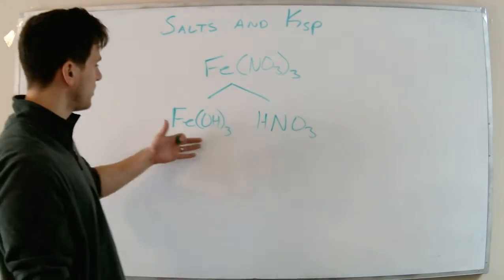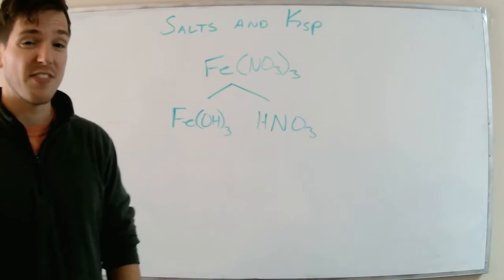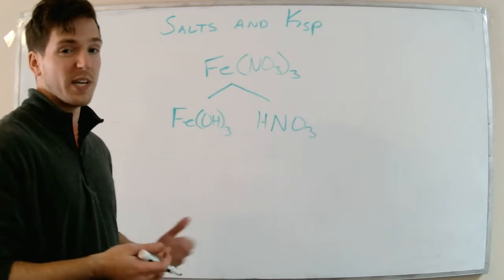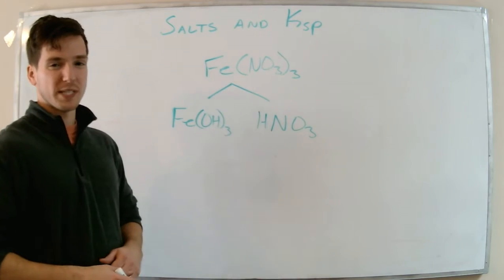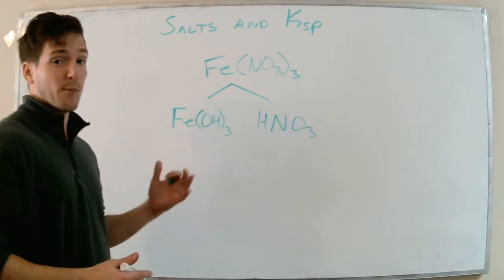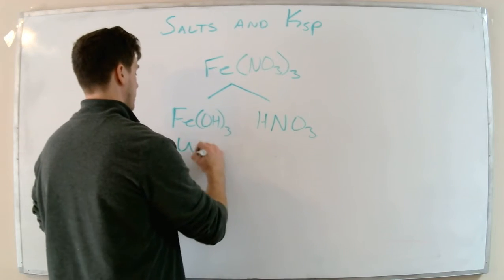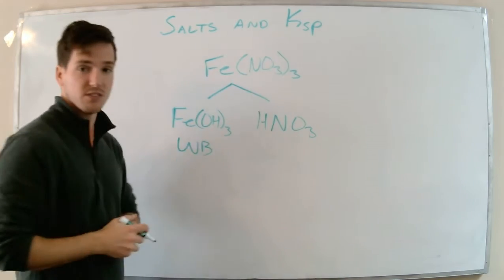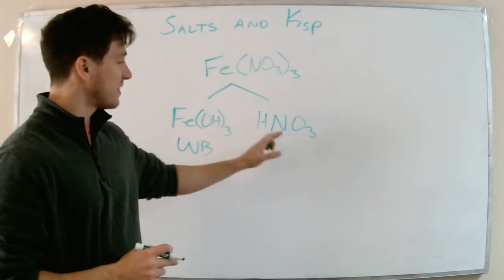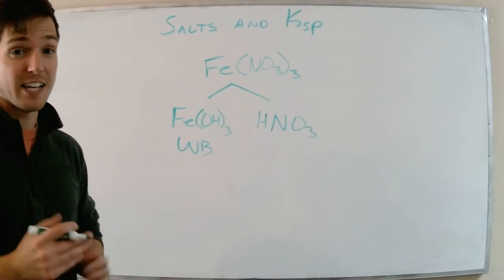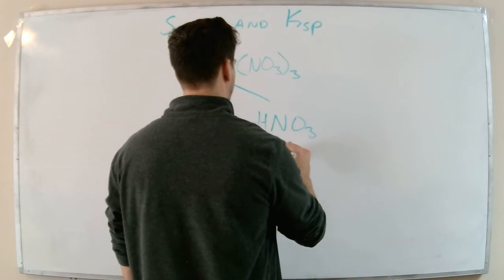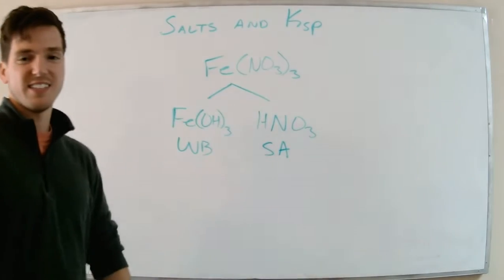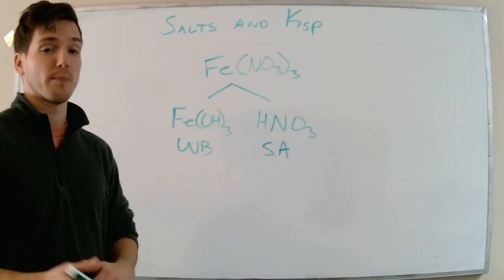And then we look at these and determine if they are a strong or weak base or acid. I'm looking at Fe(OH)3, and I know this is not one of our strong bases, so it is a weak base. I look at this acid right here, nitric acid, that is a very strong acid. So this is one of our strong acids. I look at these and say, which one overpowers the other?